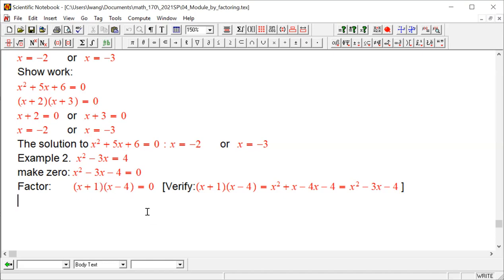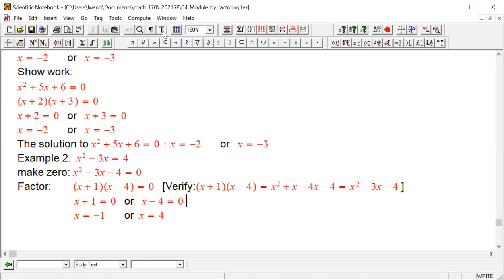And then the rest of the steps are similar because we can apply the zero product property. So x plus 1 equals 0, or x minus 4 equals 0. And in the end, we get x equals -1, or x equals 4.